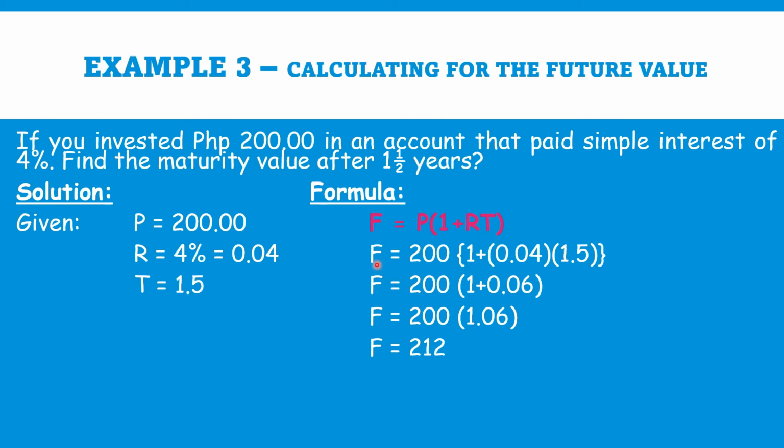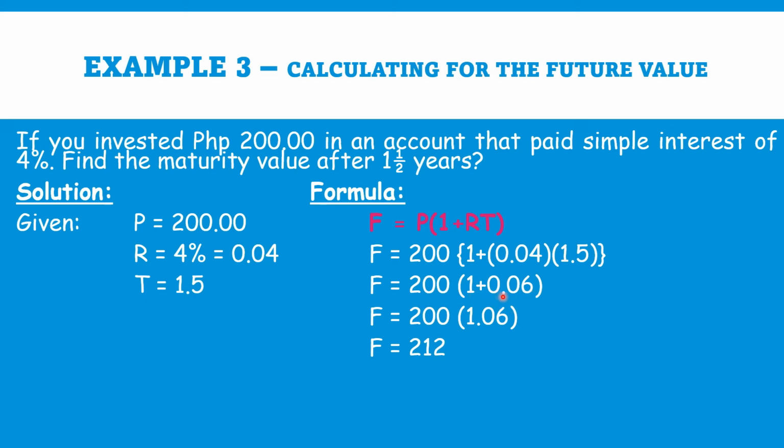Okay, so substitute the values. F is equal to the principal, 200, times the quantity of 1 plus our rate, 0.04, times the time, 1.5. So we have F is equal to 200 times the quantity of 1 plus 0.04 times 1.5, that will give us 0.06.